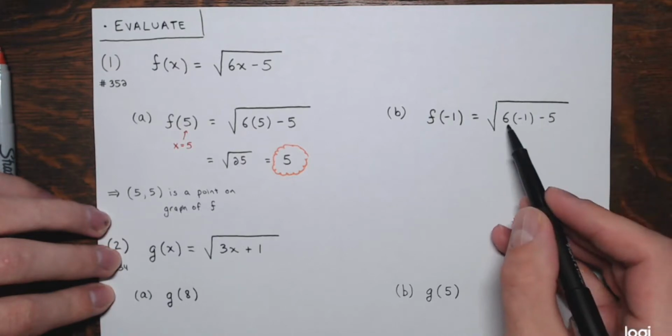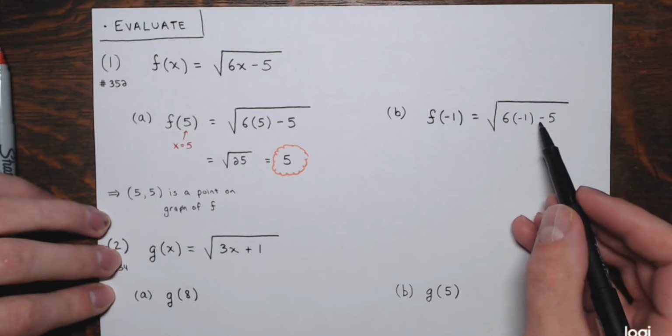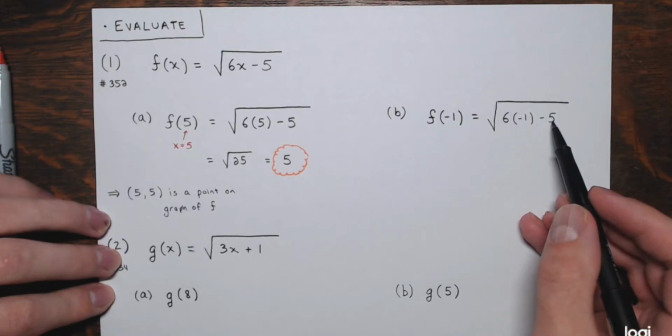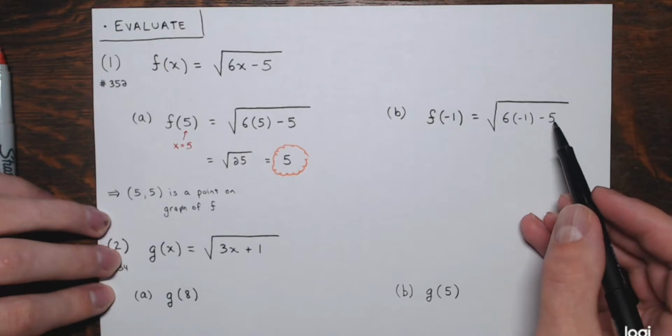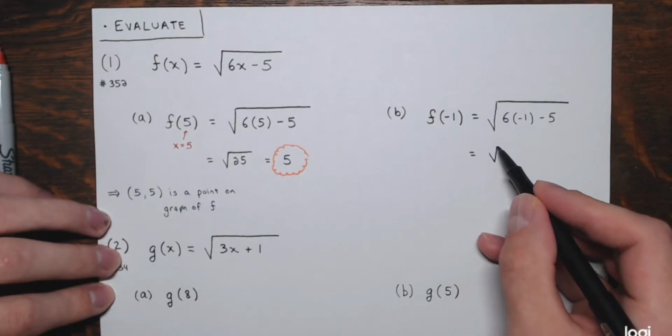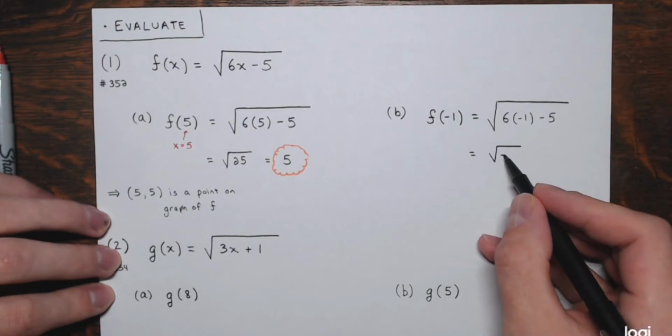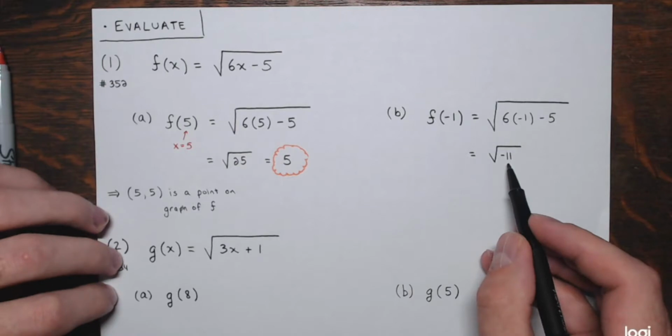All right, 6 times -1 is -6. Minus 5 is -11, and that's a problem. All right, this is the square root of -11. It's like, uh-oh.